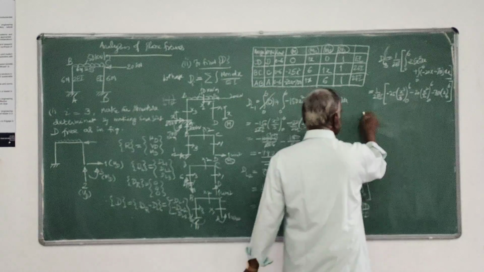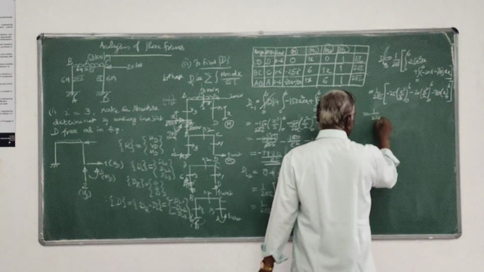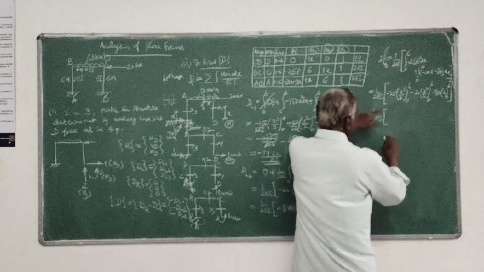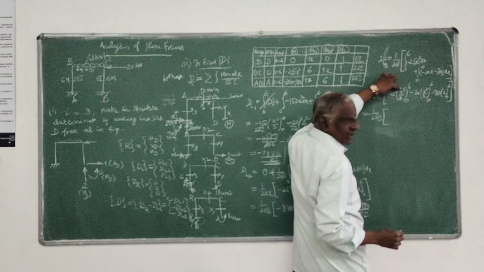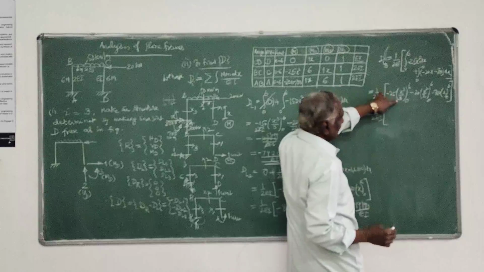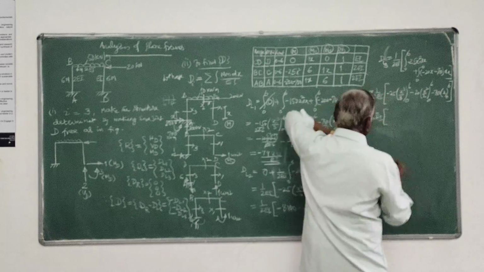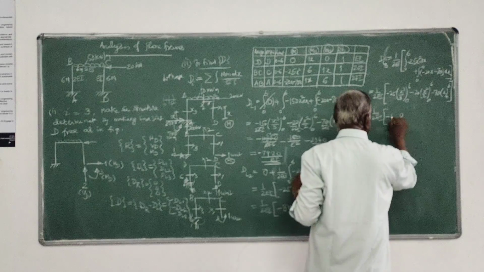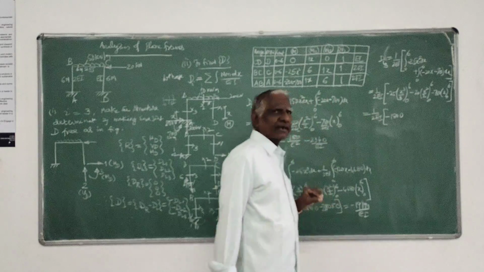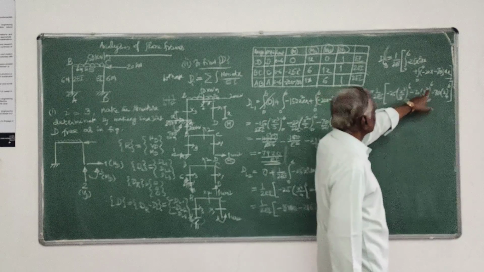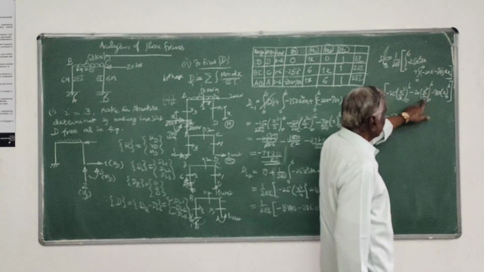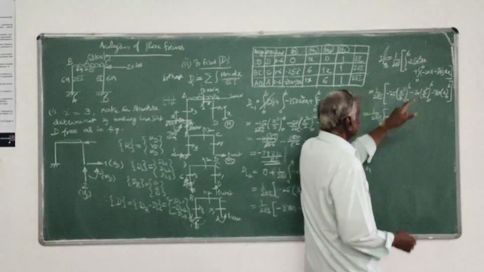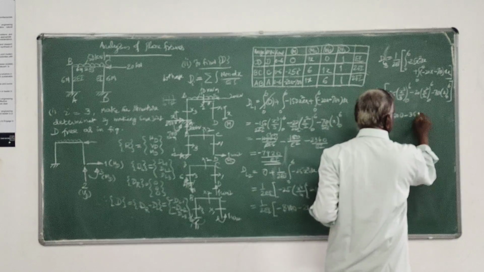So simplified, 1 over 2EI. This is 6 cubed, 216 divided by 3, 72. 72 into minus 25 is minus 1,800. So this is 6 squared, 36 by 2, 18 into 20, 360.